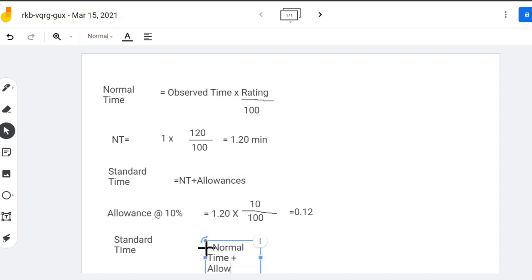So, 1.20 plus 0.12 is equal to 1.32 minutes. So, that is the standard time for assembling an electric switch.